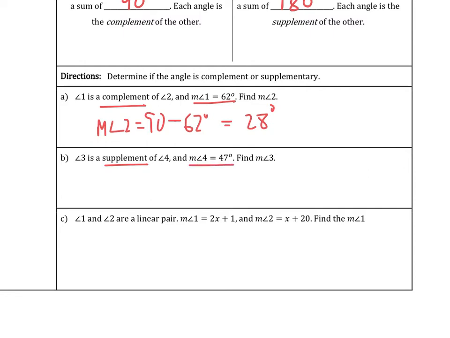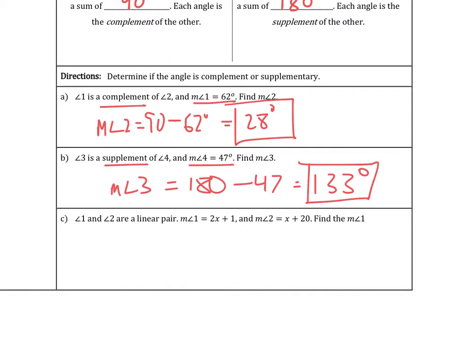So if I know angle 3 and angle 4 are supplements, and I want to find angle 3, I can just take 180 and subtract 47. What's left? Well, that's going to be 133 degrees. Okay, that's the idea there.